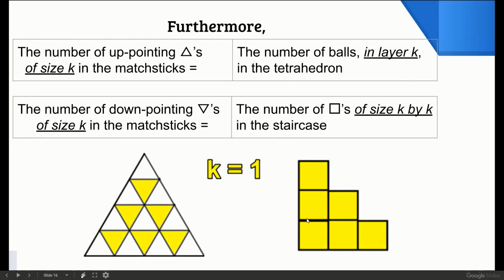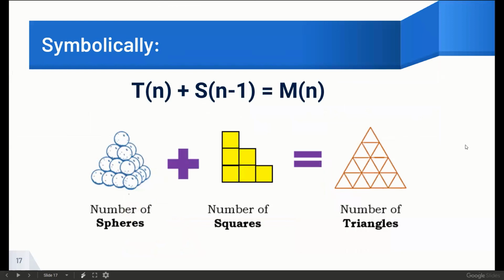And here we have 3 plus 2 plus 1 squares. I will let you take a look at k equals 2 and so on in these two cases. So symbolically, here's our conclusion. T of n plus S of n minus 1 is equal to M of n.